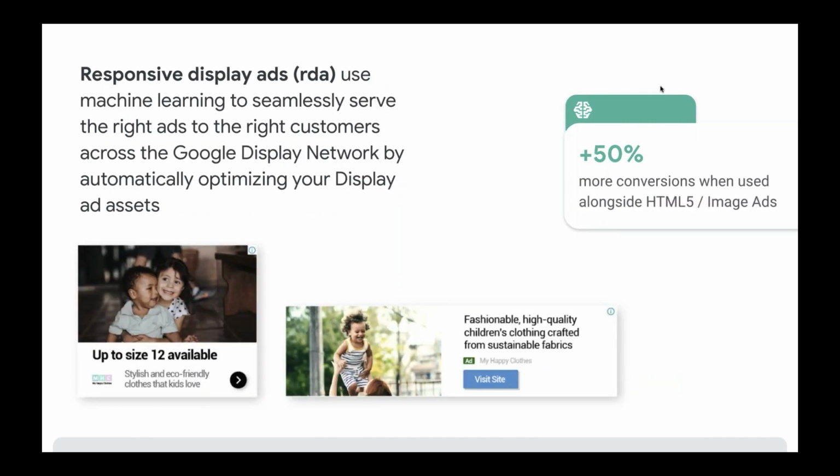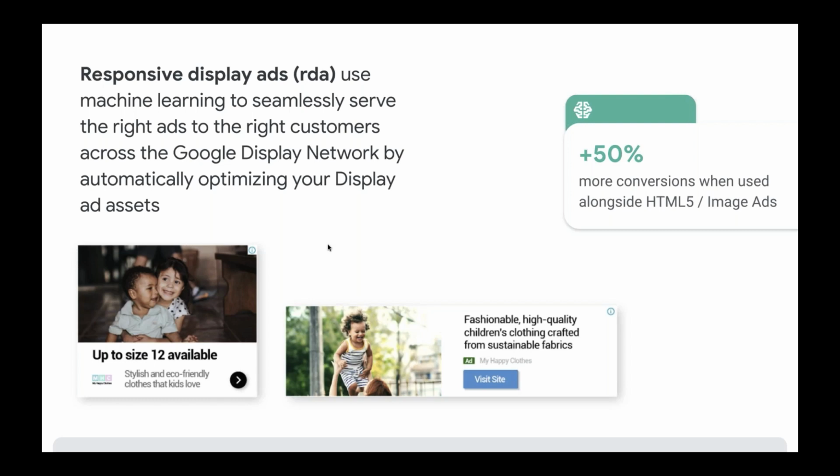And similarly to that idea of responsive search ads, we also have the same story for responsive display ads. It's a really native-looking, slick algorithm, combining not only your descriptions and the business name, etc., but also your images.